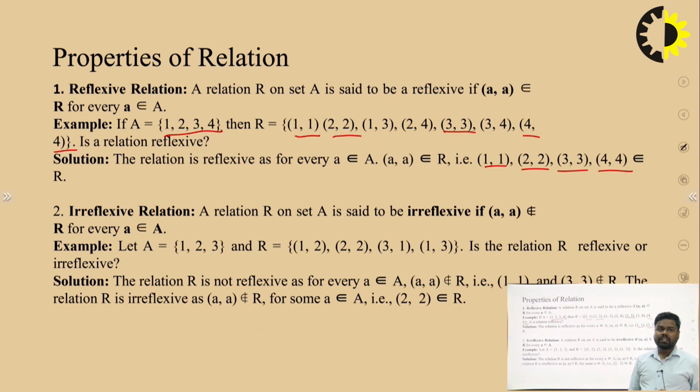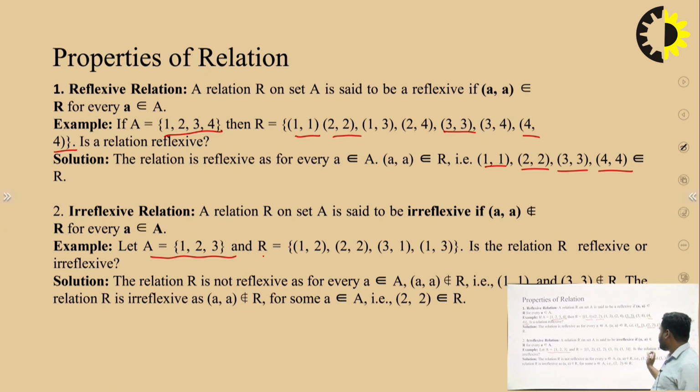Okay, irreflexive. A relation R on set A is said to be irreflexive if (a,a) does not belong to R for every element a. It means the element is not related to itself. The example here: set A = {1, 2, 3} and the relation given here is (1,2), (2,2), (2,3), (1,1), (1,3).